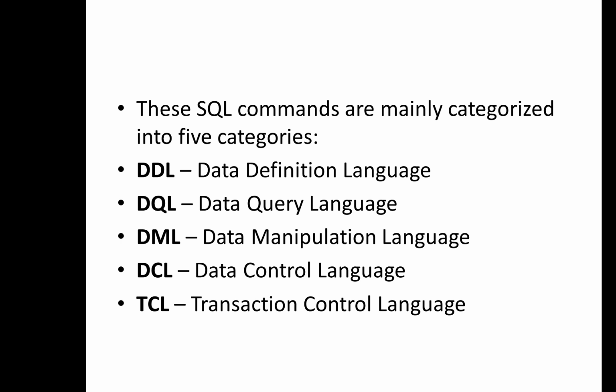The first type is DDL, Data Definition Language, and DQL, Data Query Language, then DML, Data Manipulation Language, DCL, Data Control Language, and the last is TCL, Transaction Control Language.